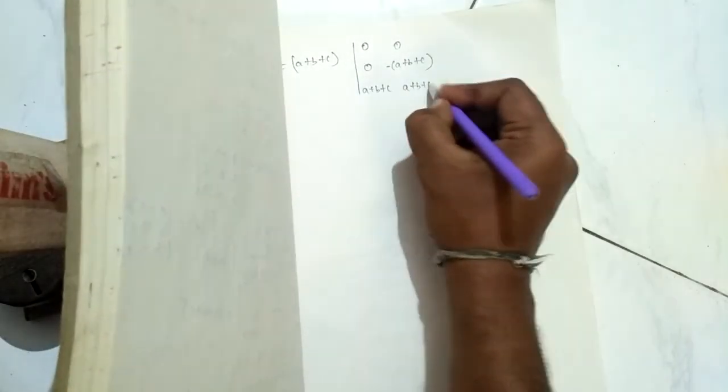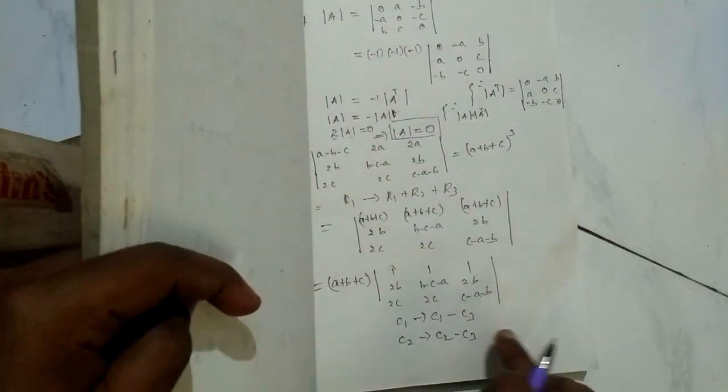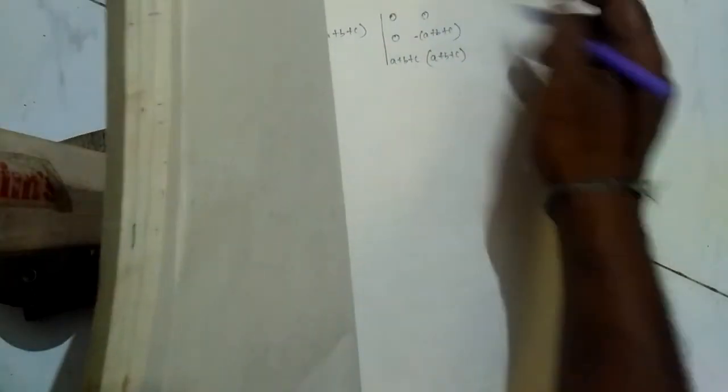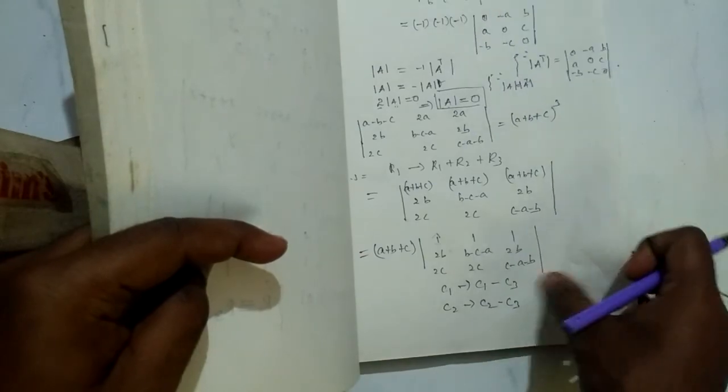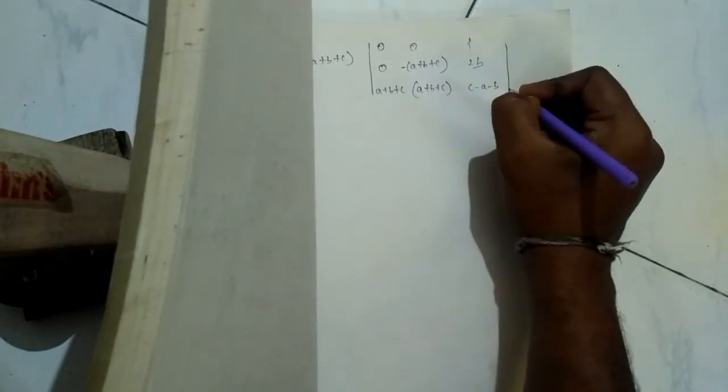So the last column is as it is, 1, 2B, 2B, and then C minus A minus B, C minus A minus B.